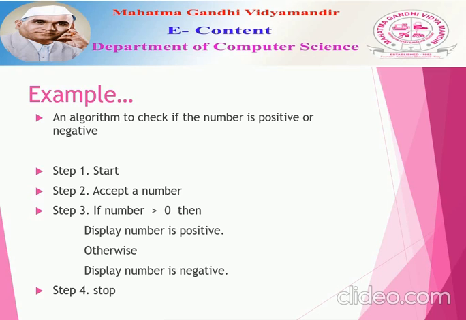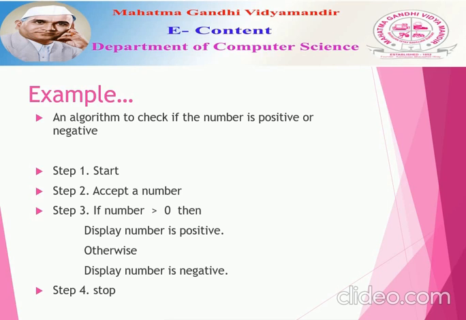Then second example, check if the number is positive or negative. If you consider this algorithm, we have to check the number, which means the input should be a number. It can be positive, negative, or zero, right?